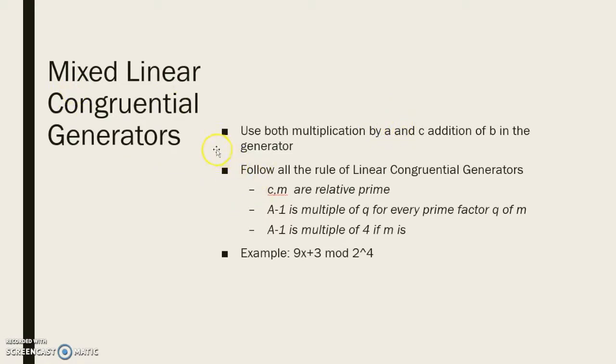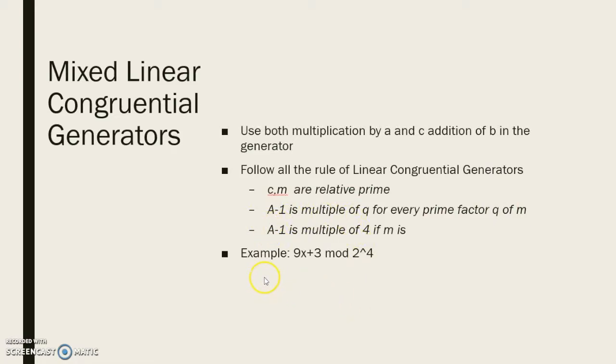This generator also has to follow all the rules of the linear congruential generator, which are: C and M are relatively prime; A minus 1 is a multiple of q for every prime factor q of M; and A minus 1 is a multiple of 4 if M is.